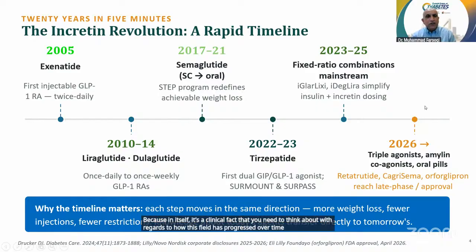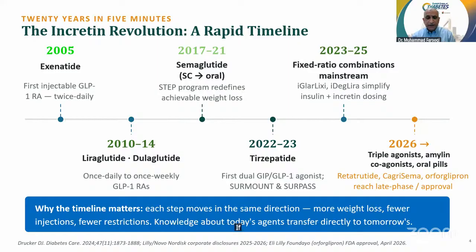I don't know how many of you remember the twice-a-day exenatide, which we had back in 2005, and from there on to where we are right now, which is our once-weekly molecules. Then we have the semaglutide landmark weight loss data, then tirzepatide as the first dual agonist, and now we have these fixed ratio combinations, which are mainstream tools for simplifying insulin regimens.